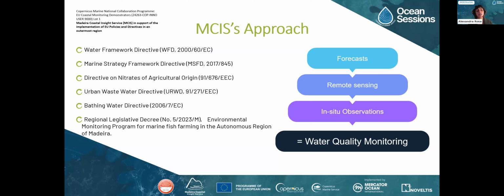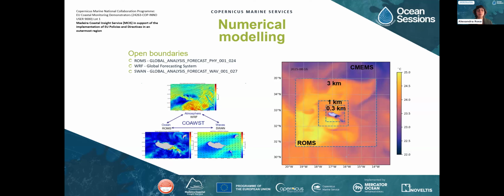So in terms of directives, we are considering 5 European directives: the Water Framework Directive, the Marine Strategy Framework Directive, Nitrates from Agriculture Origin, the Urban Wastewater Directive, and the Bathing Water Directive, and also a regional legislative decree related with aquaculture that we have here in the coastal area.